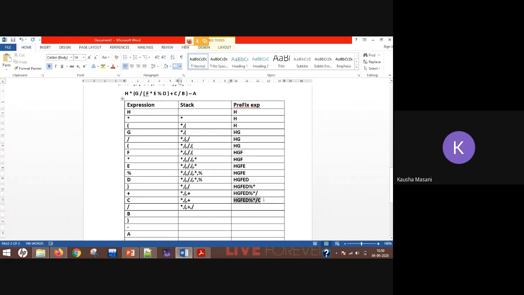This expression as it is. Again, this stack remains, B to be added here. Okay, now it is the closing parenthesis. So pop out one by one the operators. So star is only going to remain here. After B, there will be divide and then it is plus.